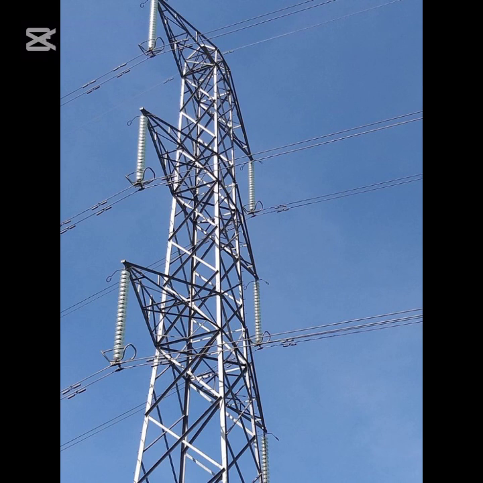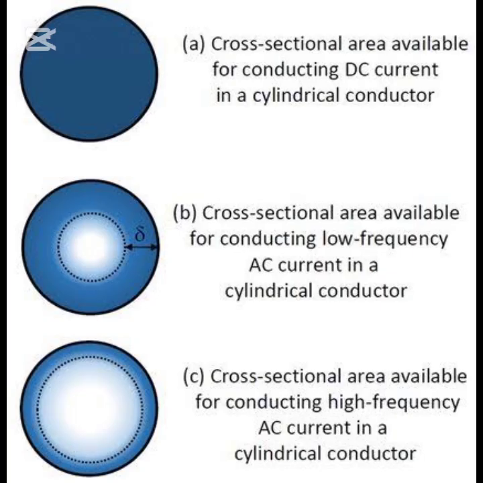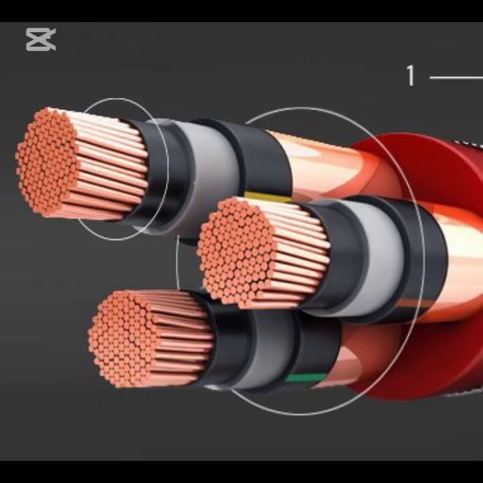Now, let's examine the key factors that influence skin depth when designing transmission lines. 1. Frequency of the AC current. Higher frequencies result in more rapid changes in the magnetic field and stronger eddy currents. Consequently, skin depth decreases as frequency increases. 2. Conductor's conductivity.